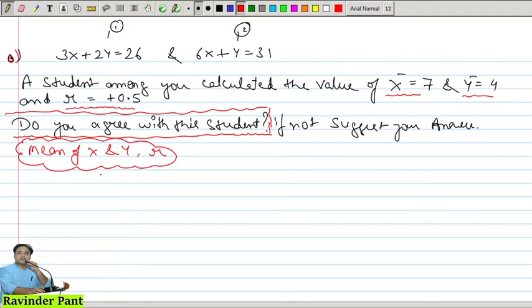Similarly, what we will do? We will see that these two lines pass through their respective means, so we can do it. It means that 3x bar plus 2y bar, these all are passing through the mean, so we can interpret it this way.